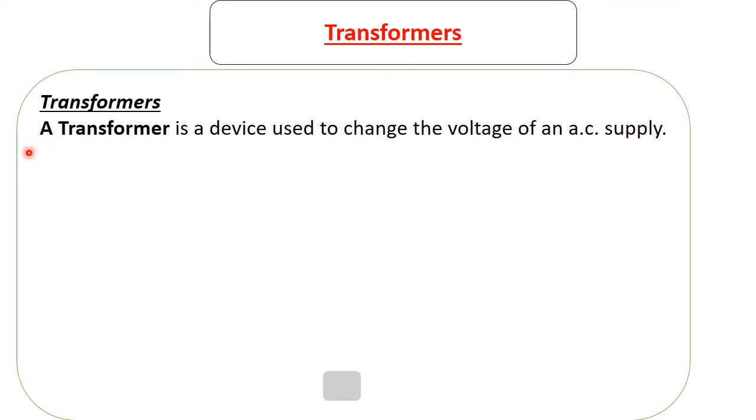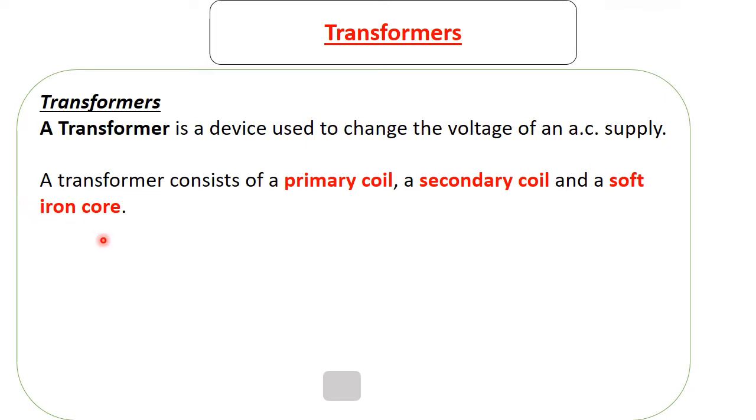So how is it possible that we can charge our phones that don't need that much high voltage? It is all because of a transformer. The transformer will get that high voltage and reduce it. The job of a transformer is to change the voltage level from high to low or from low to high voltage. That's what transformers do.